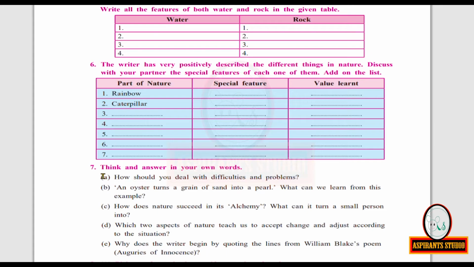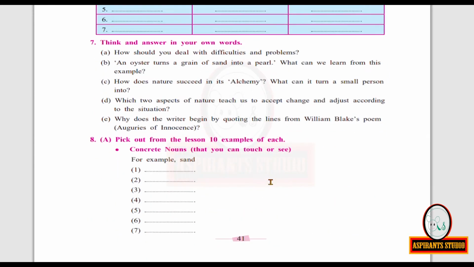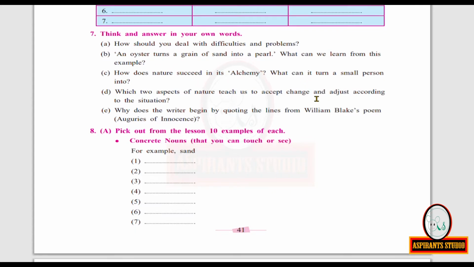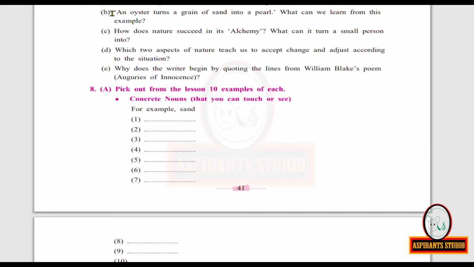Coming to the next one, question number 7. Think and answer in your own words. How should you deal with difficulties and problems? Write the answer. When I come across problems in life, I turn towards nature for inspiration.